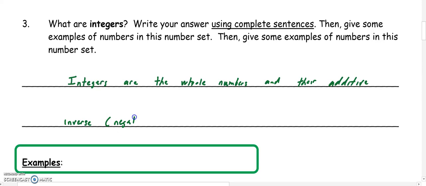It's called an additive inverse because it's the number we can add to the positive to get 0. So for example, for 5, the additive inverse would be -5 because 5 plus -5 gets us 0. So examples could be any negative number like -3, -2, -1, 0, 1, 2, 3. We go forever in both directions.